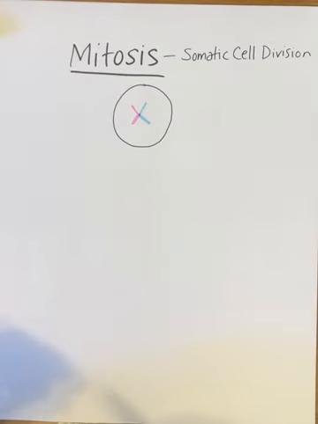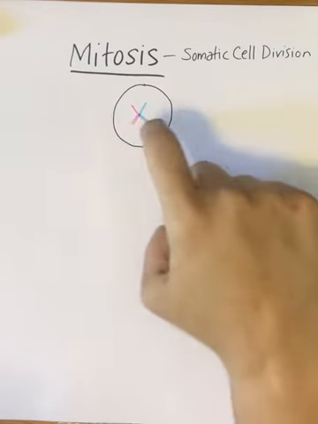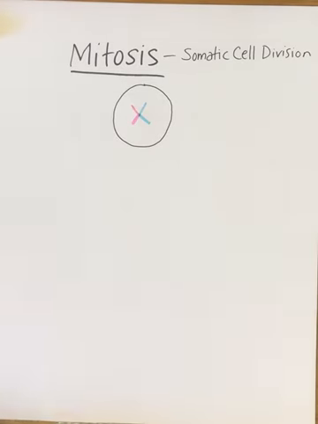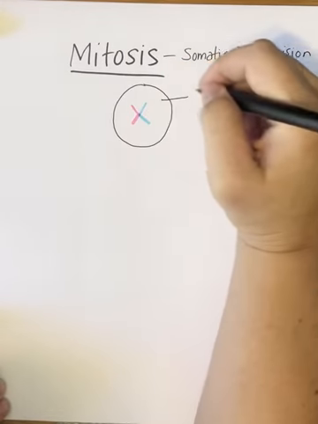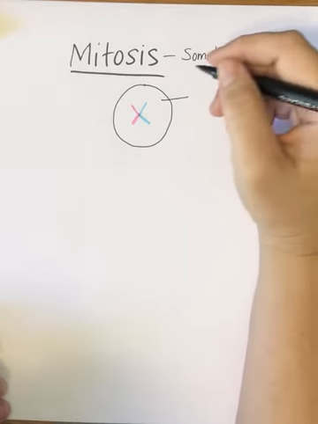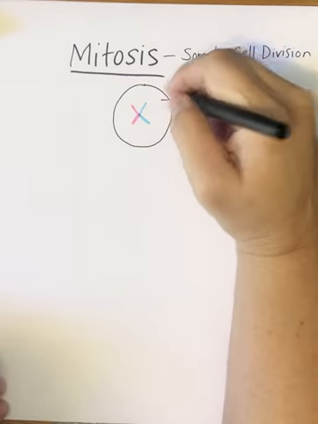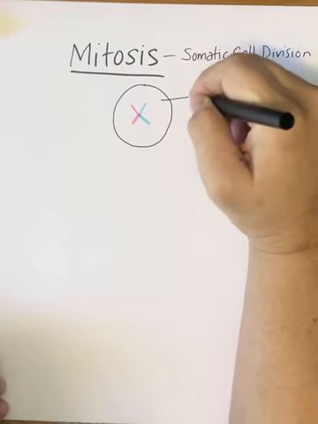Now, when you talk about chromosomes and cells, when you have two sets of chromosomes, one from your mother and one from your father, your cell is considered to be diploid. This is a common thing that you're going to see me talk about, especially in the reproductive system. So this cell is a diploid cell.